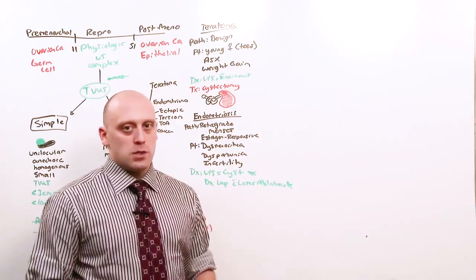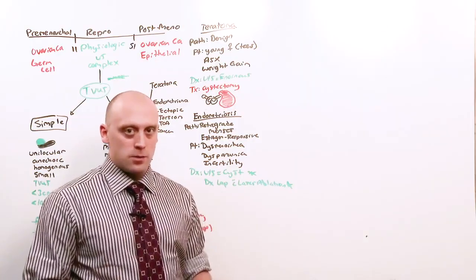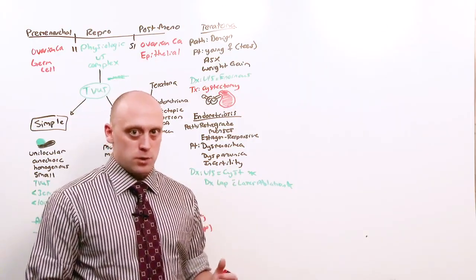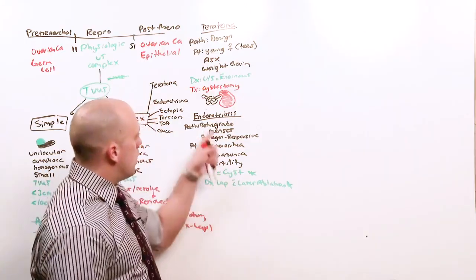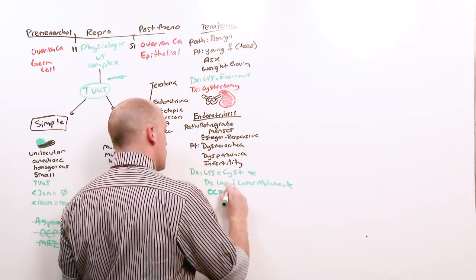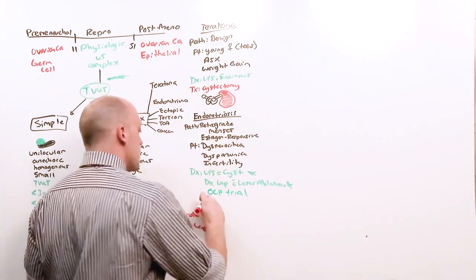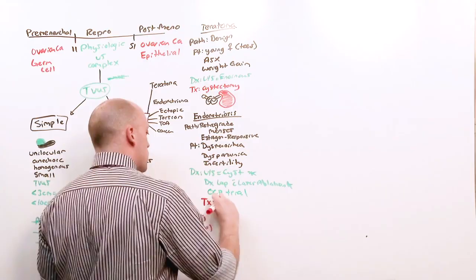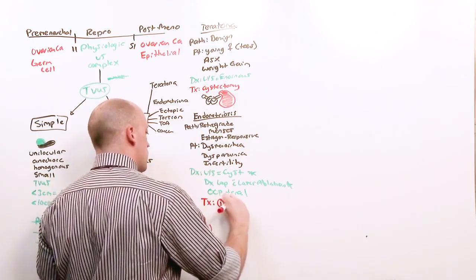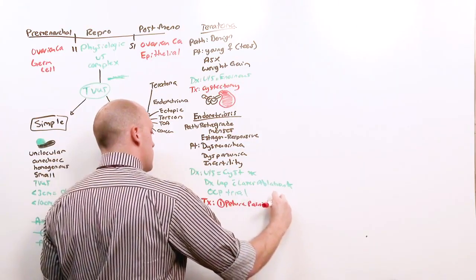Technically, it requires a histologic diagnosis, but seeing a chocolate cyst is diagnostic for endometrioma and endometriosis. If all you're talking about is endometriosis, however, you're going to use an OCP trial, and if they get better, that's your diagnosis. The treatment for endometriosis begins with treating pelvic pain, and the first step for pelvic pain is NSAIDs.